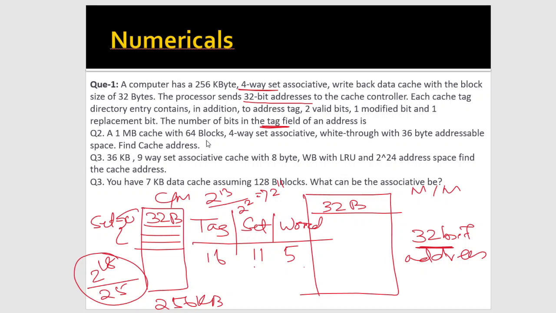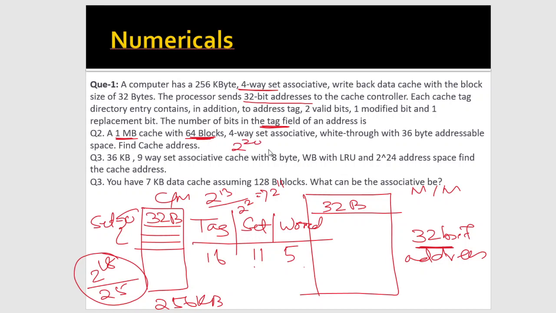Second question is what? 64 blocks, 1 MB cache. Cache size is how much? 1 MB. Number of blocks is 64. So total blocks in the cache is 64. So 1 MB by 64 will give me the block size. 1 MB means how much? 2 to the 20.